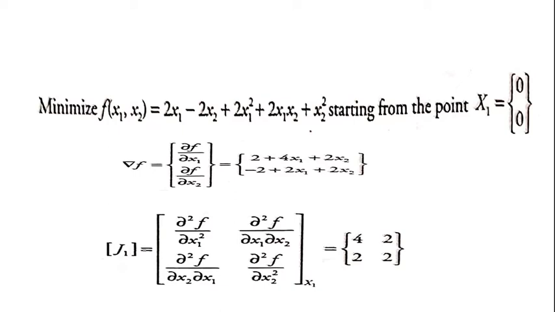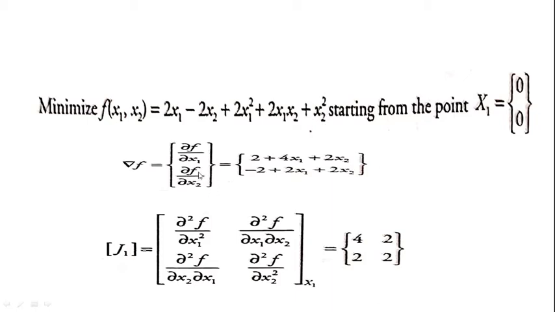As you can see, 2x1 becomes 2. This term is a constant, that means 0. 2x1 square becomes 4x1. 2x1 x2 becomes 2x2, and x2 square is a constant term.